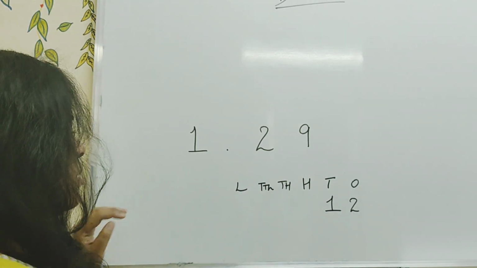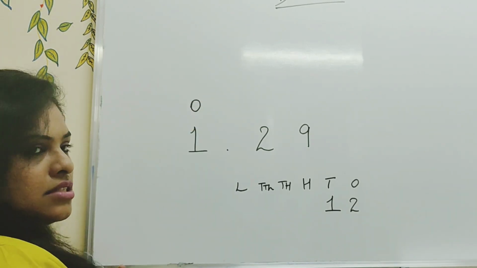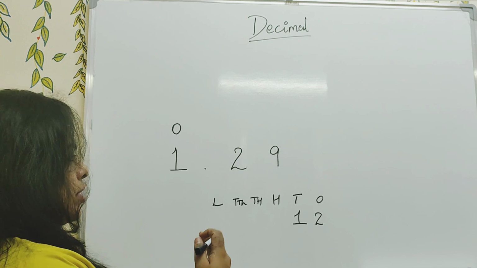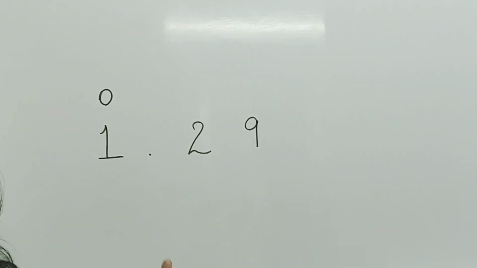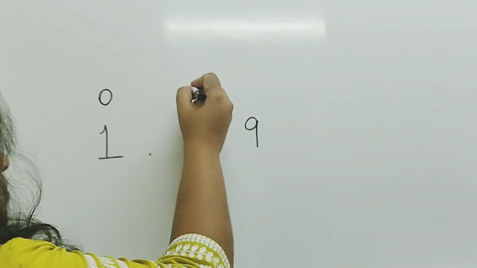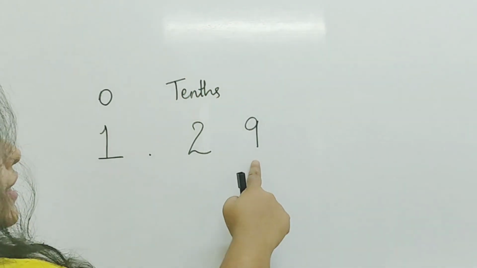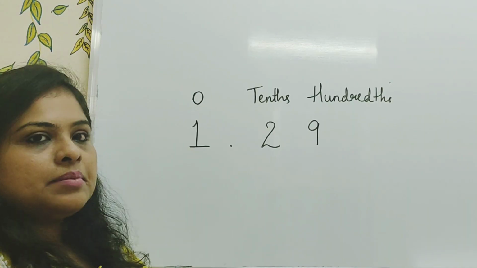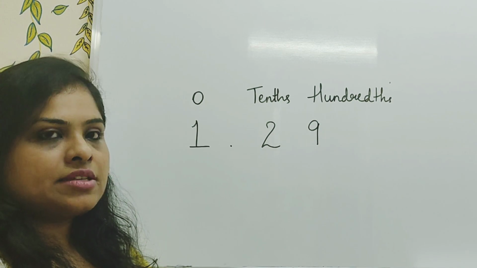Here, since it's only one number, we mention it as ones place. What about 0.29? Which place does 2 stand in? 2 stands in tenths place and 9 stands in hundredths place. So this is the standard way of place value when you have a decimal number.